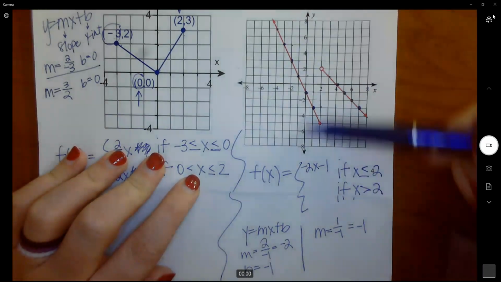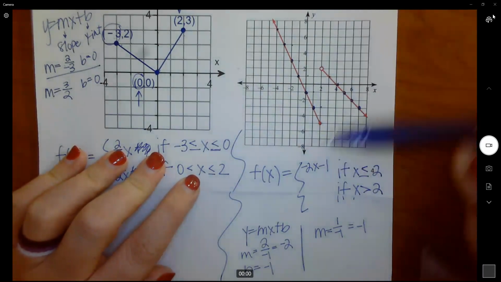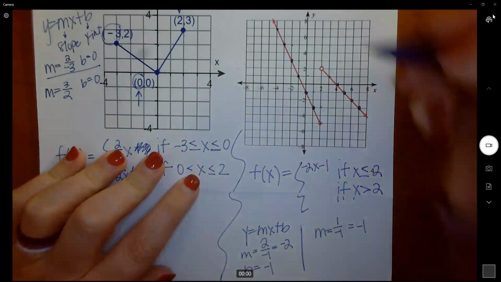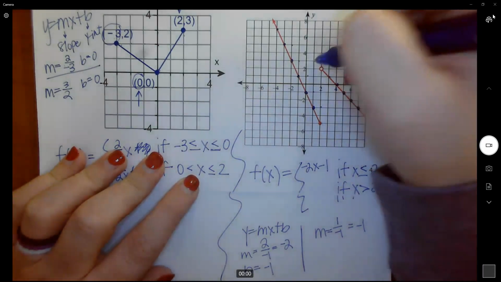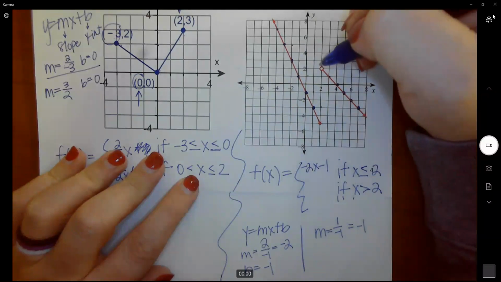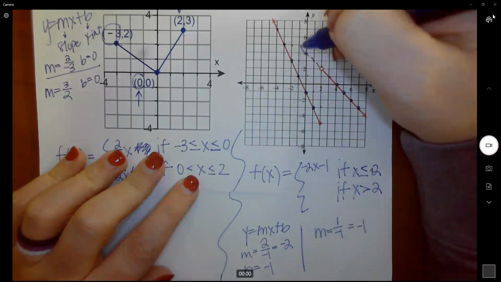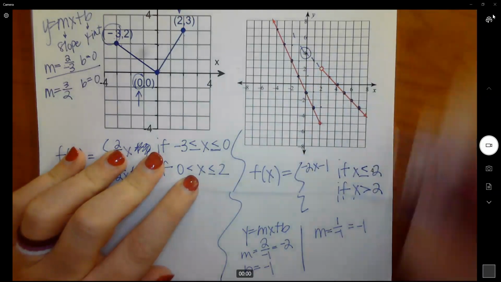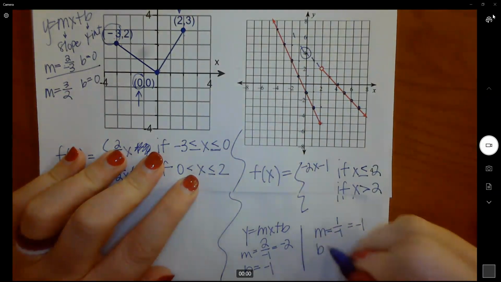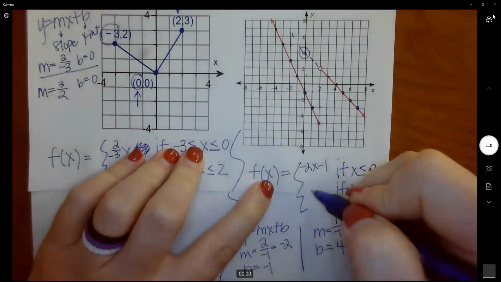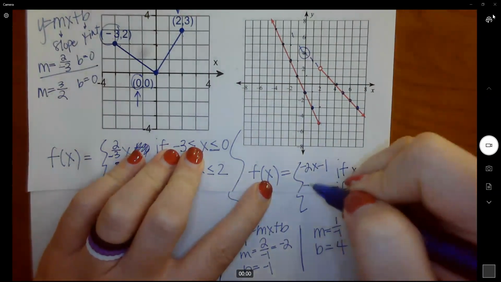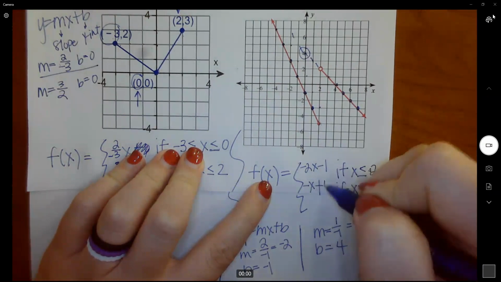Now this one's not crossing the y-axis, but we can figure that out. If I keep going with my slope of up 1 over 1, up 1 over 1, if it continued, it would go right through 4. So my b is 4. So this equation will be negative 1x, or just negative x plus 4.